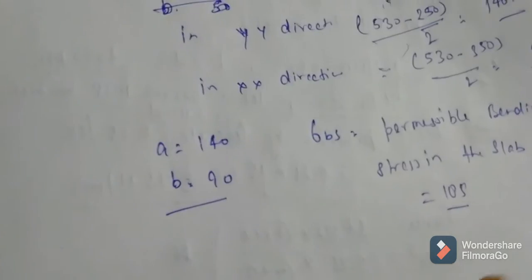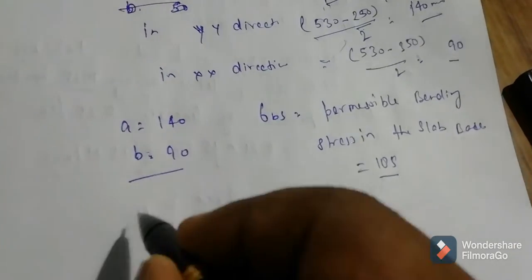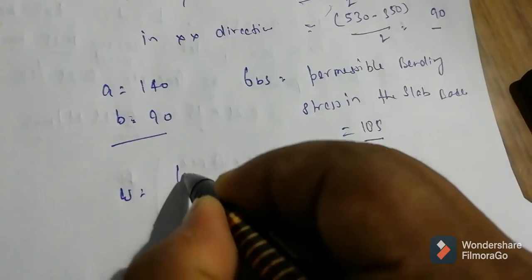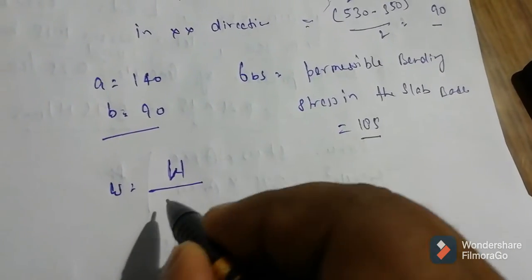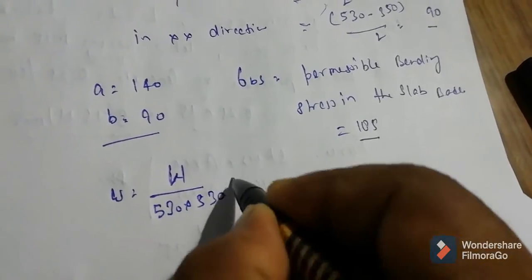So now we are going to take the small w. Capital W is the total load, and small w is the total load upon the area, that is 530 multiplied by 530.